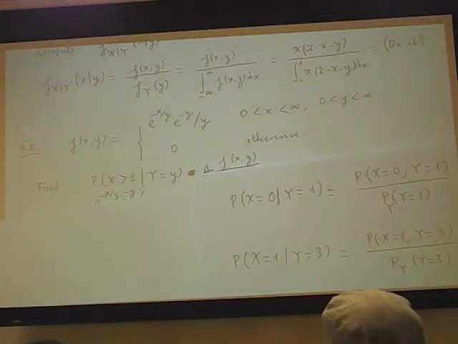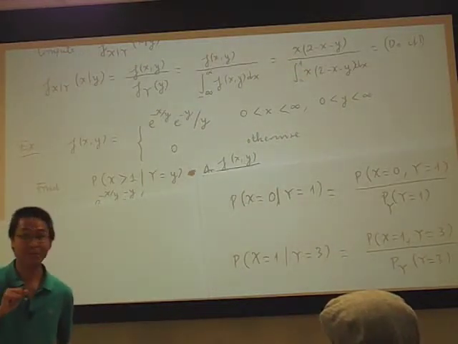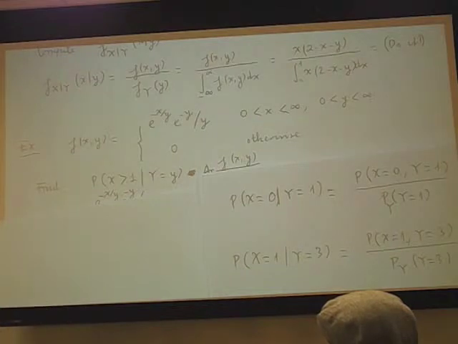How about if I know how to compute the density function, little f of x given y? Correct? And then I will just integrate that density function from 1 on. Does that make sense?